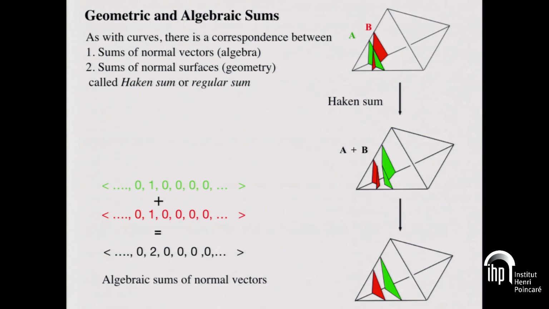They're the same triangle type, so you just get 1 plus 1 equals 2. The geometric sum, if they're disjoint, you just take the disjoint union. But if they intersect, then you do a cut and paste along the intersection arc. And there are two ways to cut and paste, and there's always exactly one way that gives a normal surface as the output.